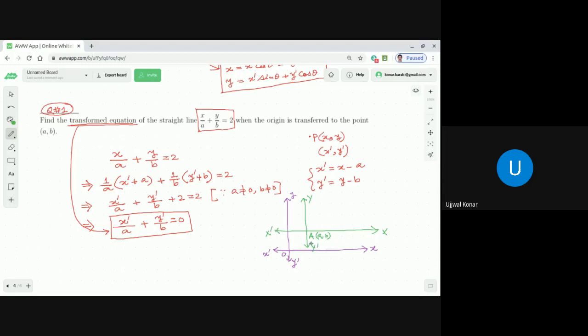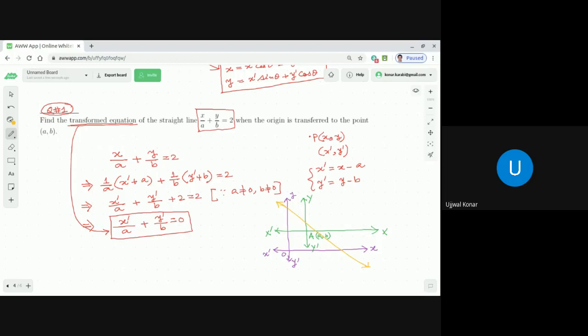Then with respect to the previous coordinate system, we had a straight line, something like this. That is the original straight line. The straight line remains the same, it doesn't change, but its equation gets changed with respect to the different coordinate axes.